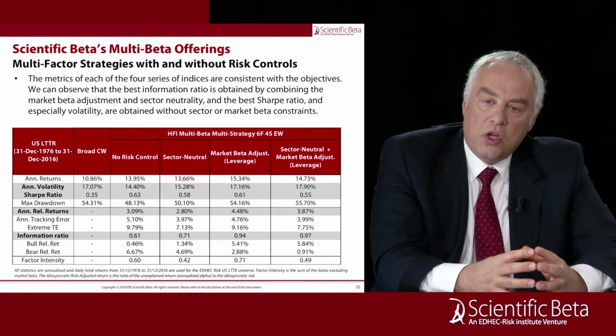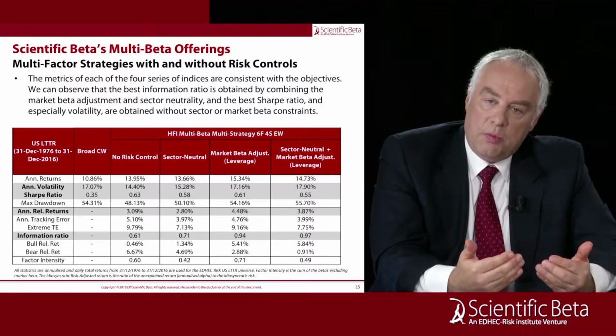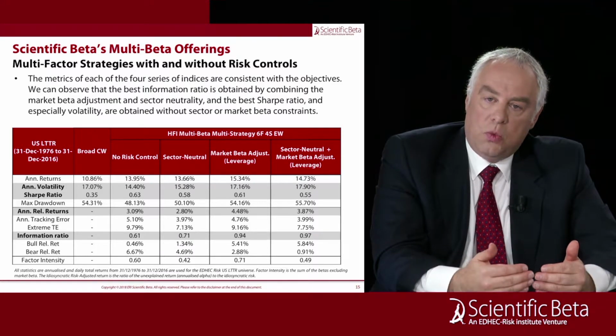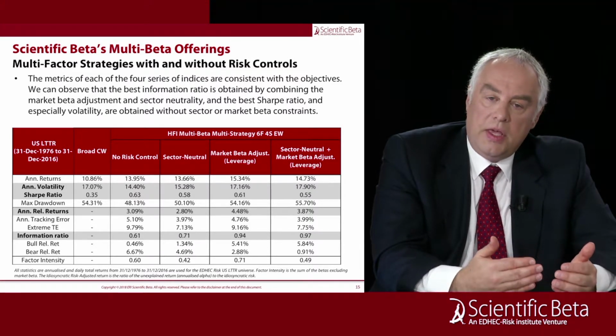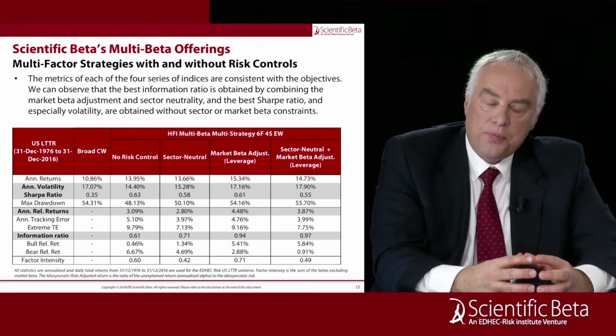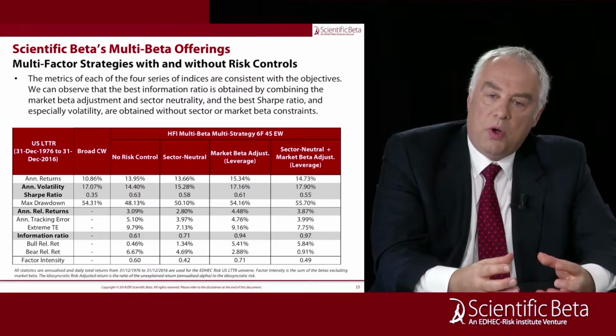Now, what we observe here is that by making this adjustment, we use leverage. Leverage doesn't impact the Sharpe ratio, so we observe that the Sharpe ratio is the same for the market beta adjusted strategy. But where it does make a difference is in terms of return. You now have higher return because you're more exposed to the market.